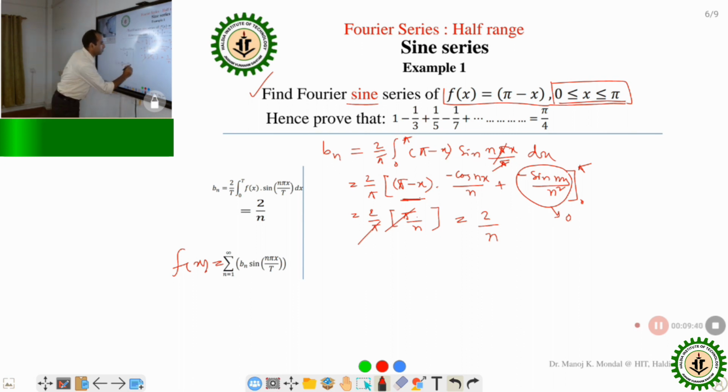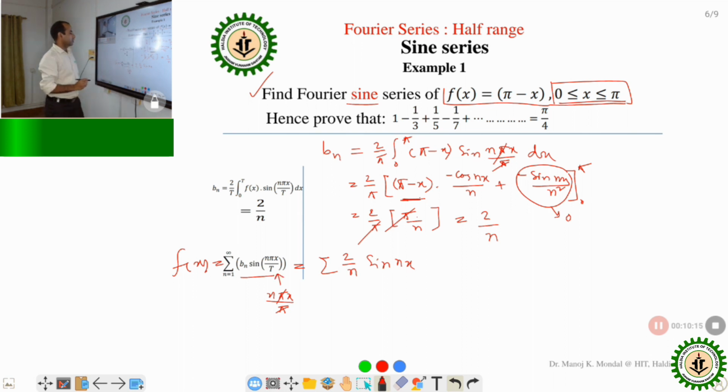Therefore from here we can easily find the half range Fourier series. Just put the value of bn here, that means summation of bn, the value of bn, that is 2 by n, sine nx, because n pi x by pi, the pi cancels, so only nx.